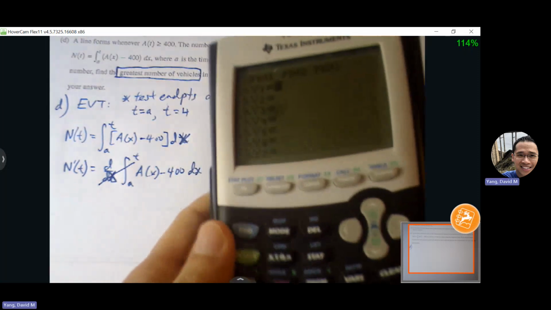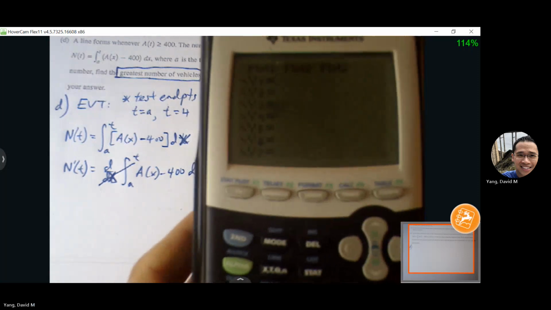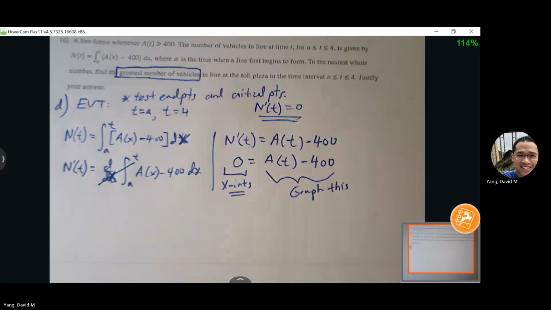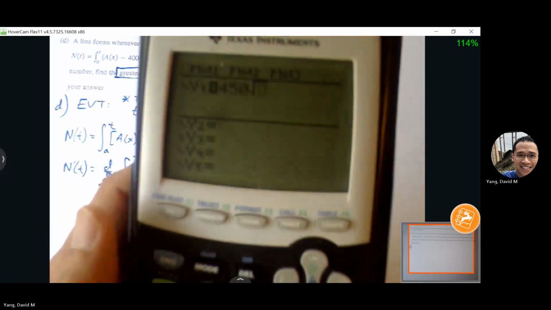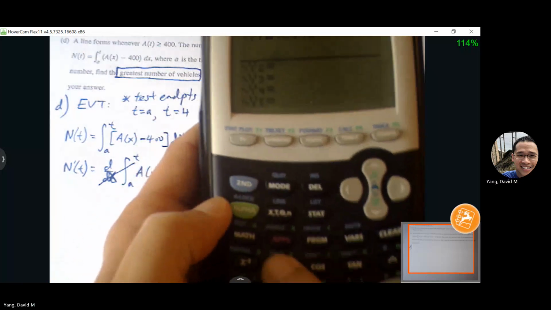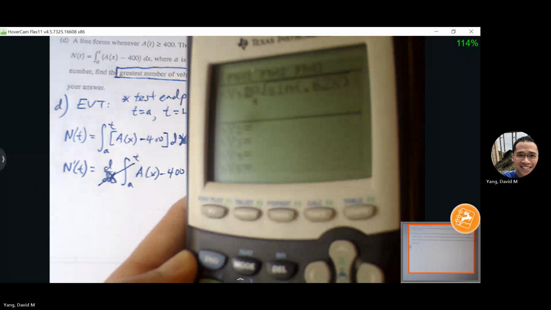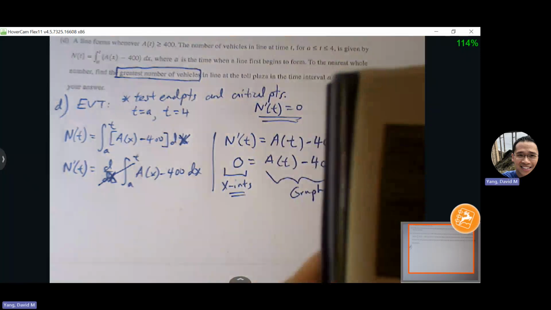So here's my a of t, 50 times the square root of sine of 0.62x minus 400.